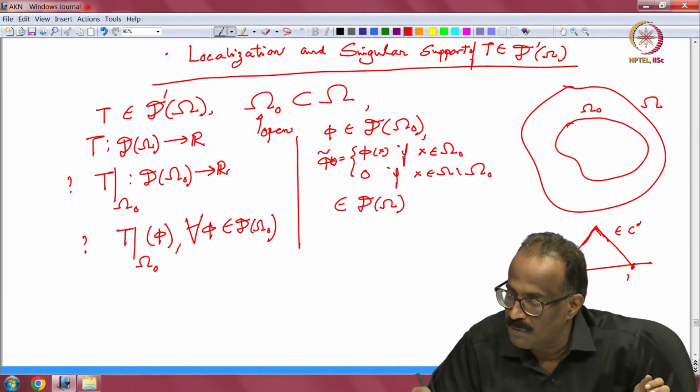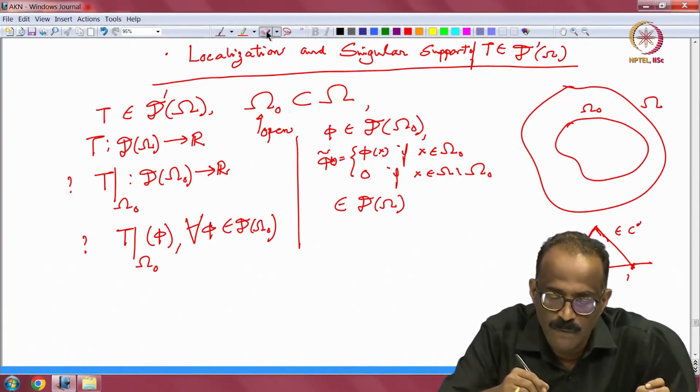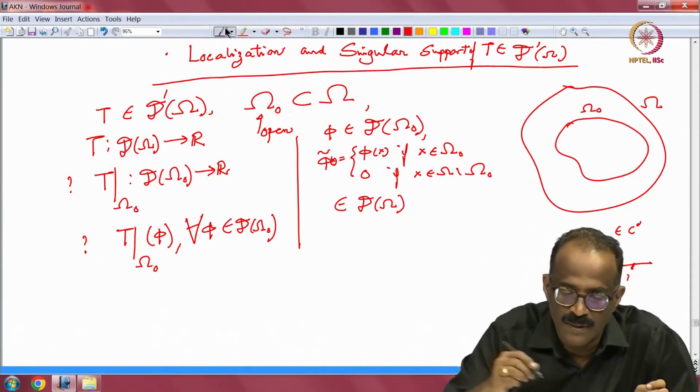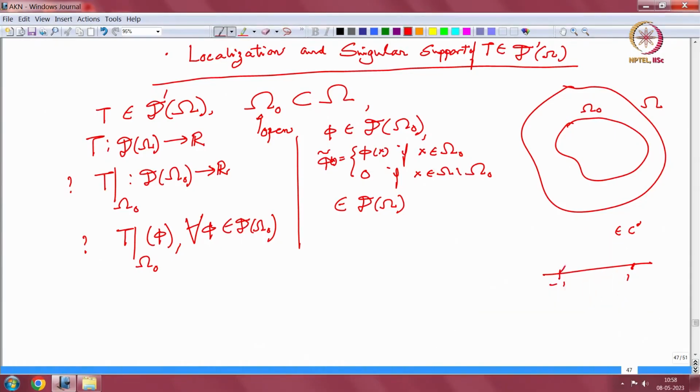So if you take a smooth function like this, you get C infinity of minus 1 to 1, but if you extend this by 0, it can come very sharply here.